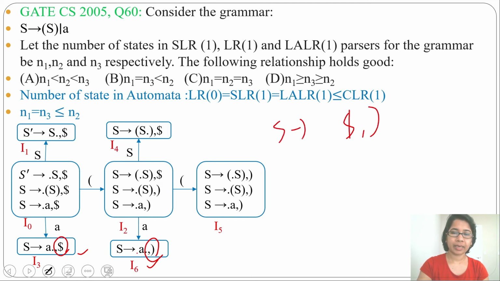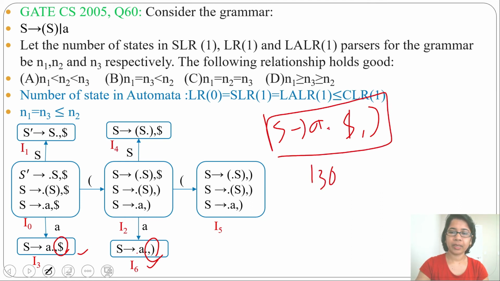So S derive A dot, that will be I36 and look ahead will be dollar and end bracket. Now we are sure that N2 has more number of states than N3. LR1 has more number of states than LALR1. So you can say option B is the answer.